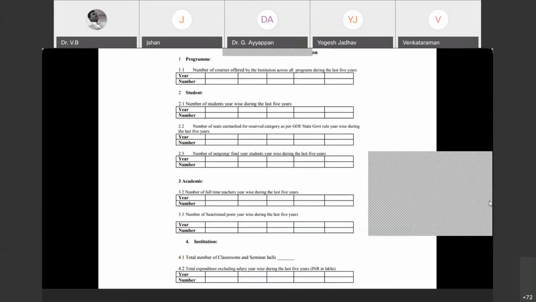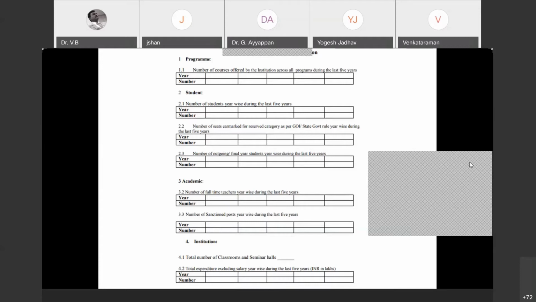Unfortunately, this data was not updated to the head of the department when he joined back to duty. So when they gave the data, it was not tallying. That is the reason why we say that the data should be obtained from the department also for students and verified with the head of the institution and the centralized data collection office.